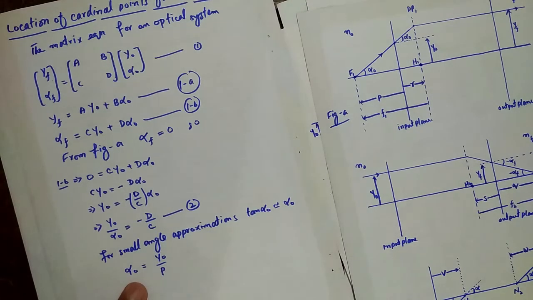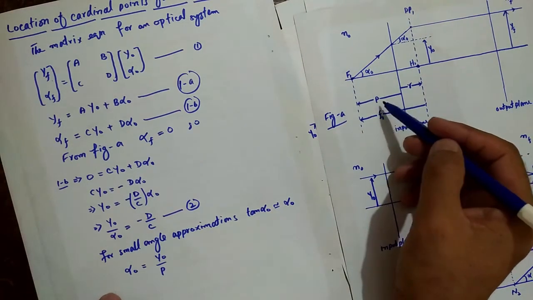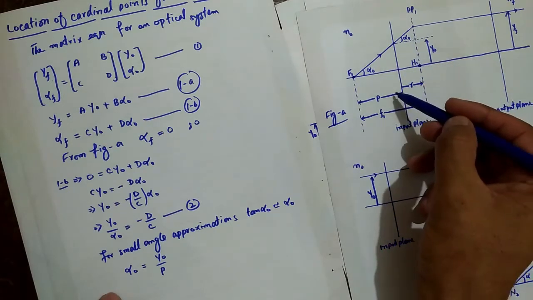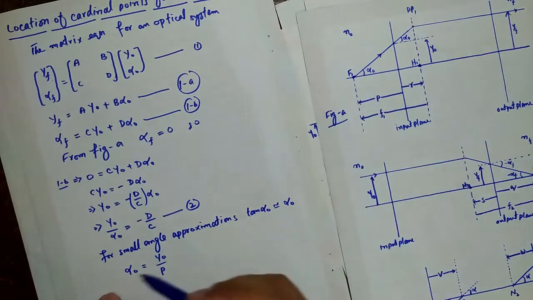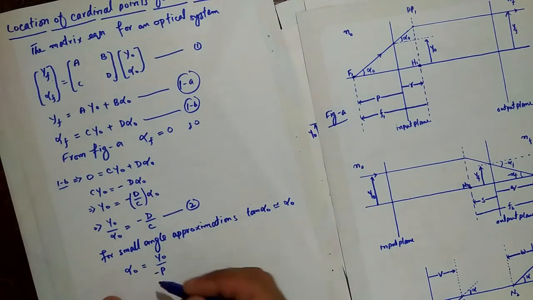However, we know that all the distances directed towards the left are taken negative, while the distances directed towards the right are taken positive. So this distance, as you see in the figure with respect to the input plane, is directed towards the left, so it will be taken negative. So this is minus p actually.